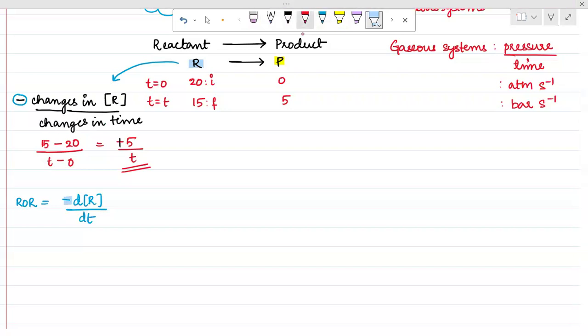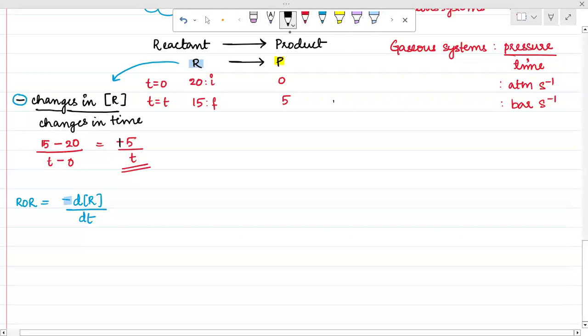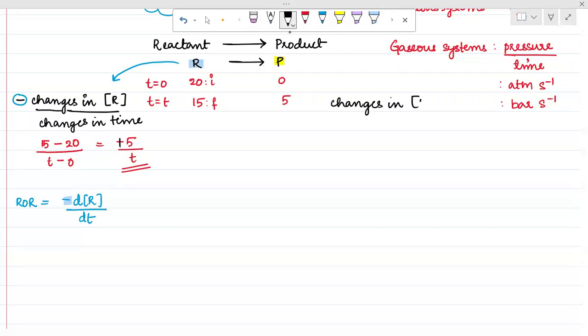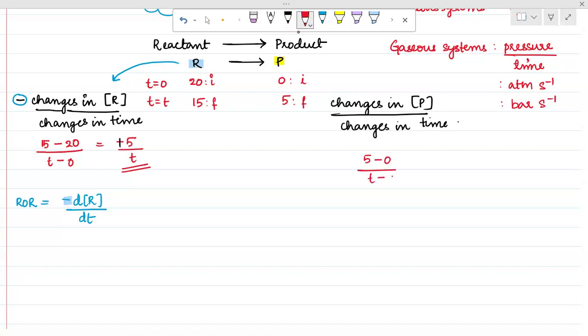Now, if we have to write it with respect to the product, how do we write it? It is change in the concentration of the product divided by change in time. So let's see how the product has changed. This is the final concentration of the product. This was the initial concentration of the product. So final is 5 minus initial is 0. Final time was t, initial time was 0.